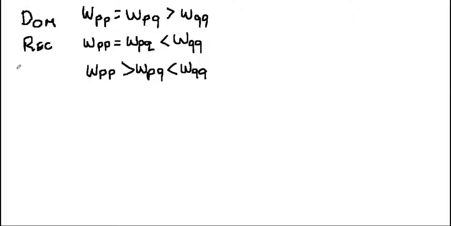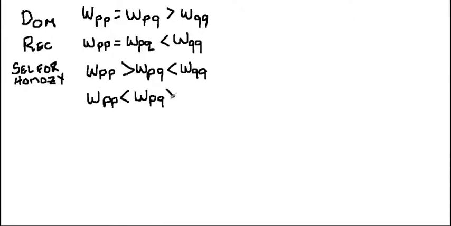This would give us selection for the homozygotes. Alternatively, we could see a situation where the fitness of our homozygotes is less than the fitness of our heterozygote. This would be heterozygote advantage. And you'll often see this referred to as hybrid vigor as well.